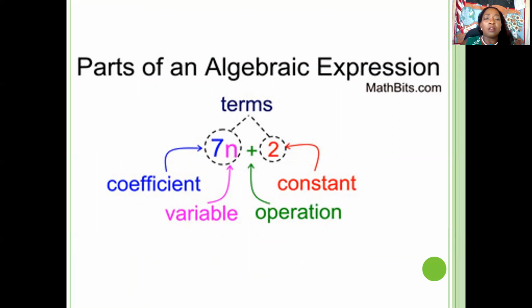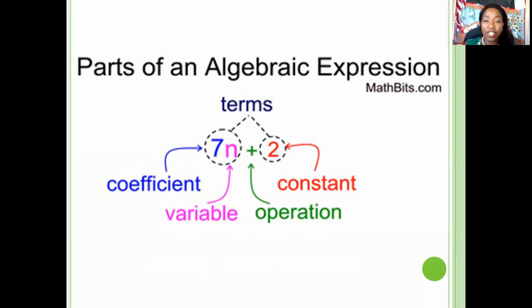Now, this here is an algebraic expression, 7n plus 2. We have the 7, which is a number, but it is multiplying. It is attached by multiplication to a variable. So the coefficient is 7, the variable is n, the constant, the number all by itself, is 2.